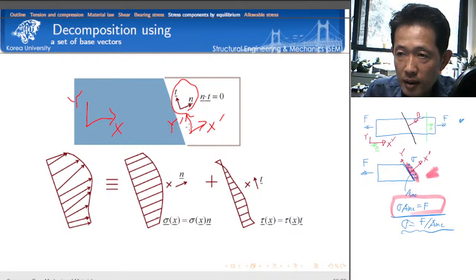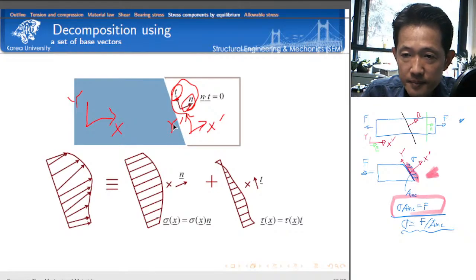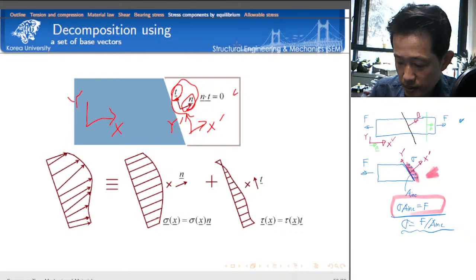In these two directions, we can consider the normal vectors and the shear, tangential vectors. Because they are orthogonal to each other, the dot product of these two vectors should be equal to 0 by the definition.